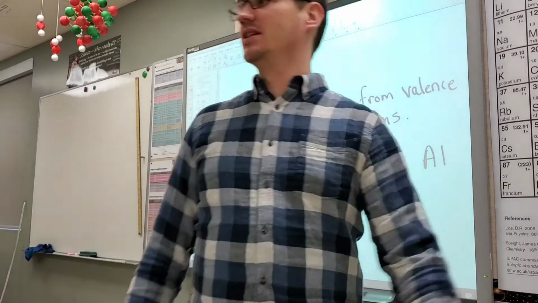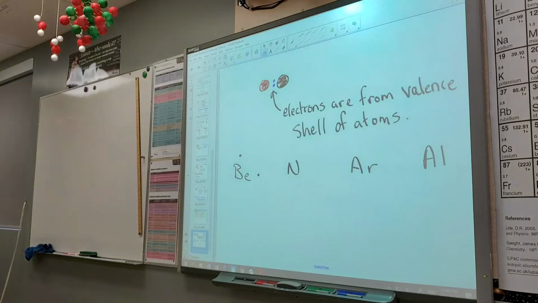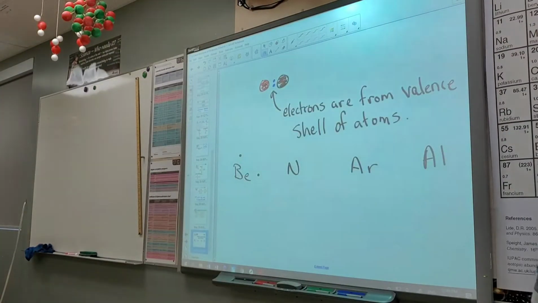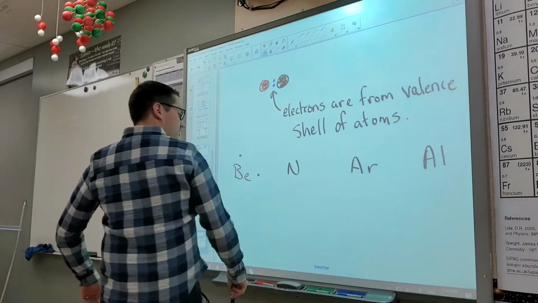Let's take a look at nitrogen. When you look at nitrogen, how many valence electrons does it have? Yeah, when I count, right, which energy level, which row is it in? It's in the second one. And so when I count across, right, 1, 2, 3, 4, 5, nitrogen has 5 electrons.